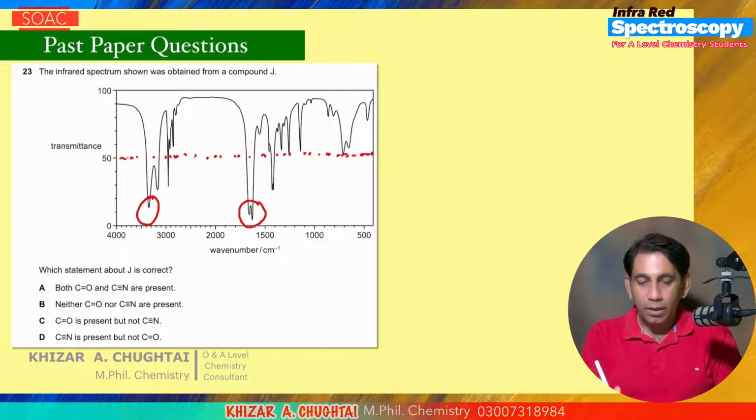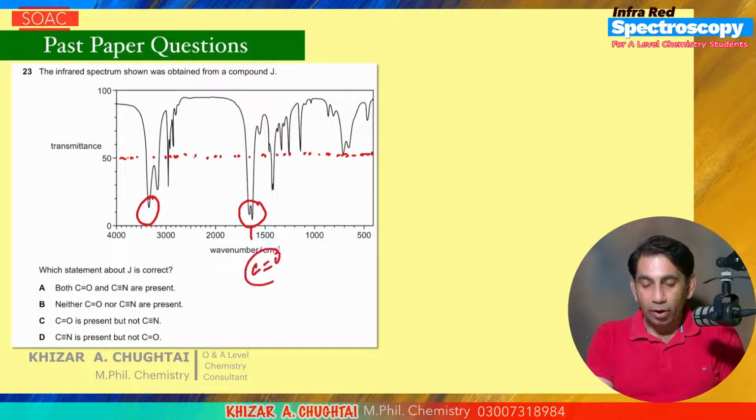Which statement about J is correct? Basically, this peak is about C double bond O at 1700. And this sharp peak, if you see the data booklet, may be of the CH group.